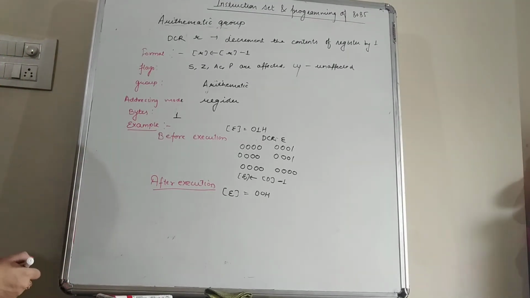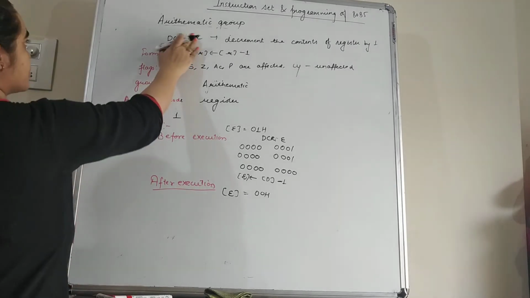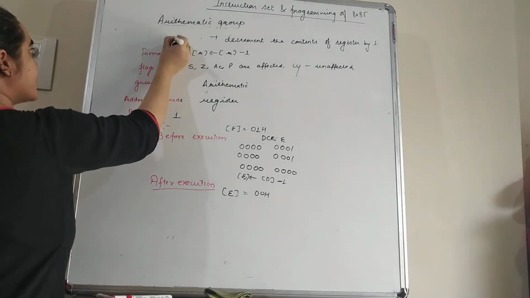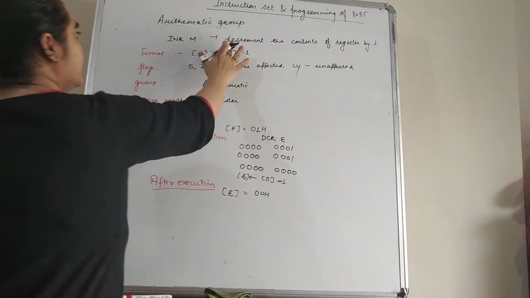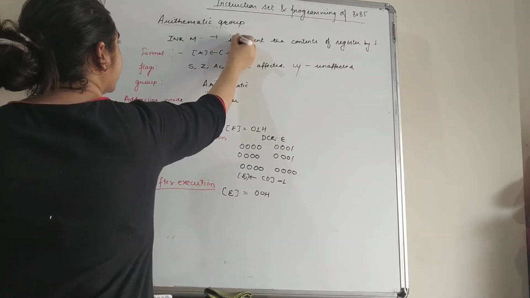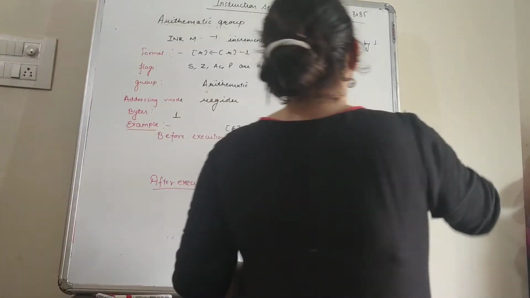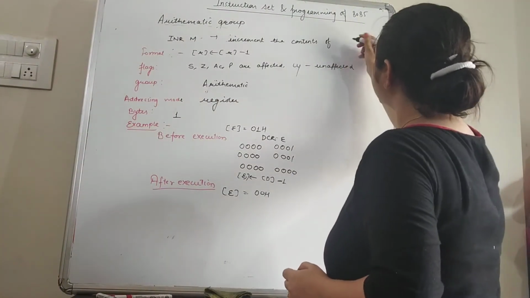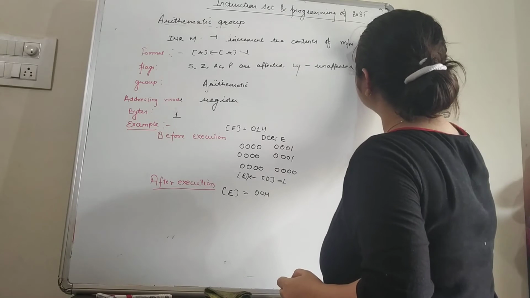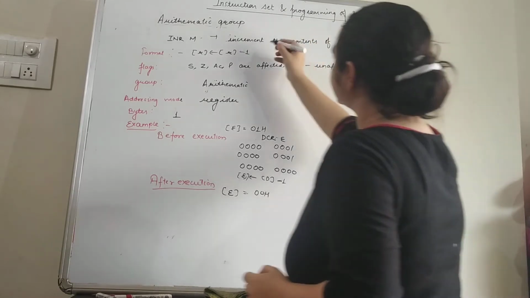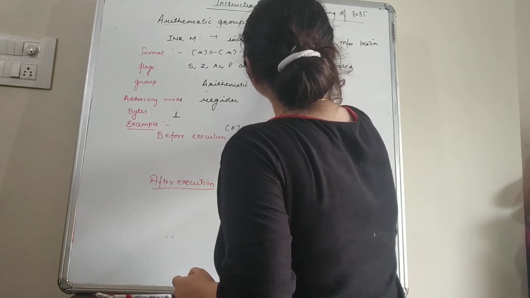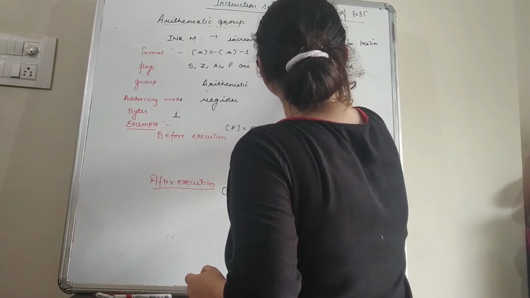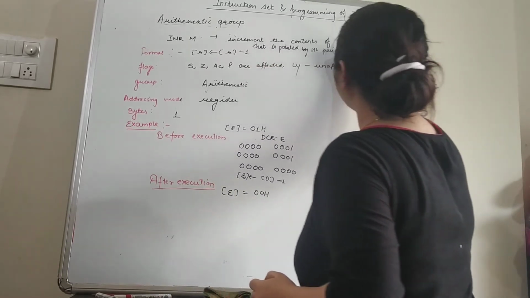Now students, after that we have the next instruction, that is INR M. INR M means we increment the contents of the memory location that is pointed by the HL pair by 1.